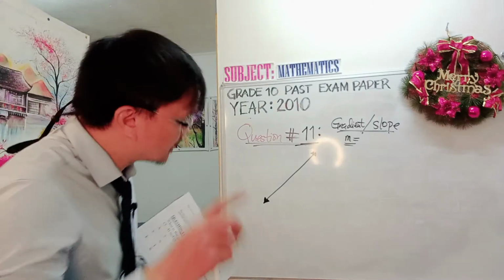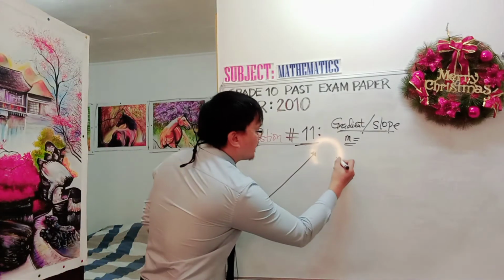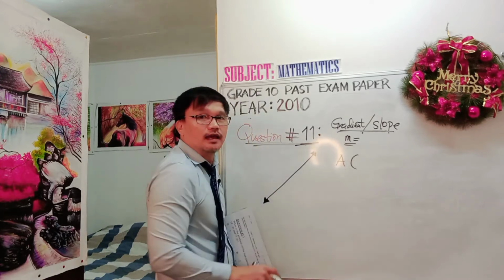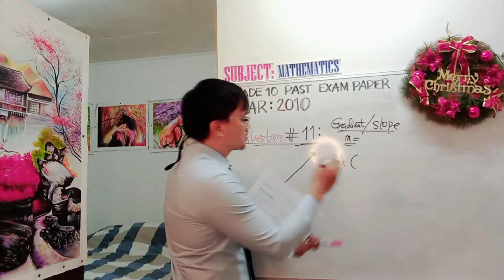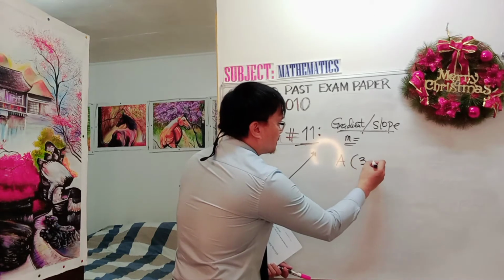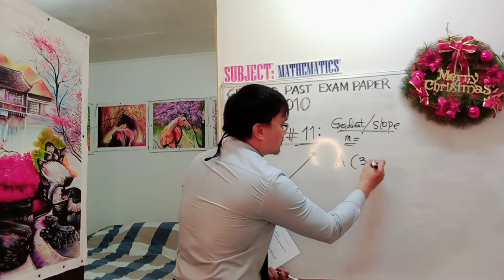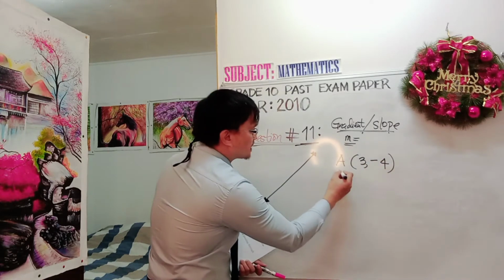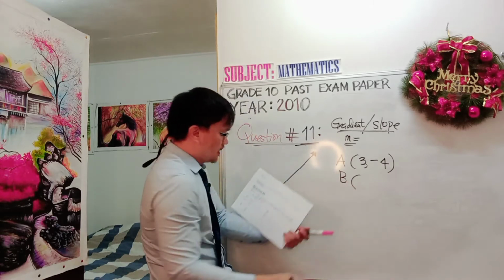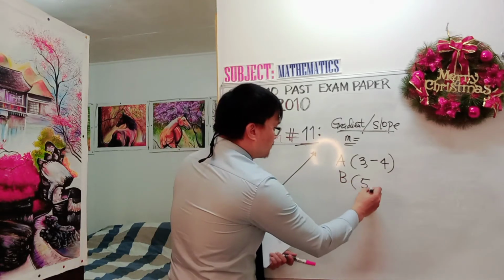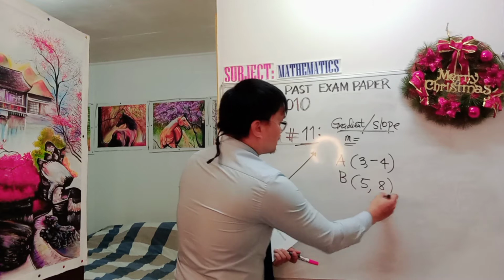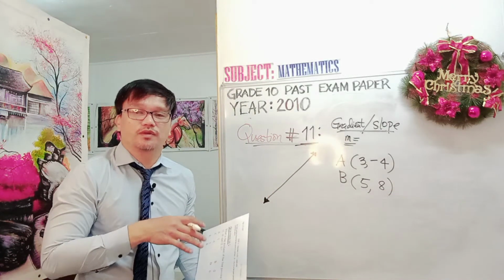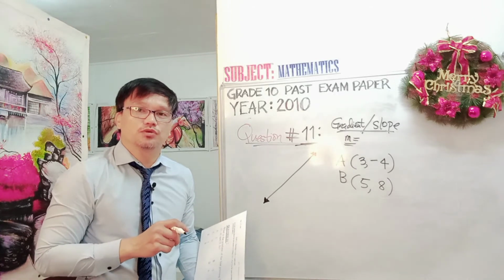Assuming that we have point A, with x coordinate +3 and y coordinate -4, and then the second point has coordinates 5 and 8. We do it this way so that you will understand what's going on with the problem and it's easy for you to work it out.